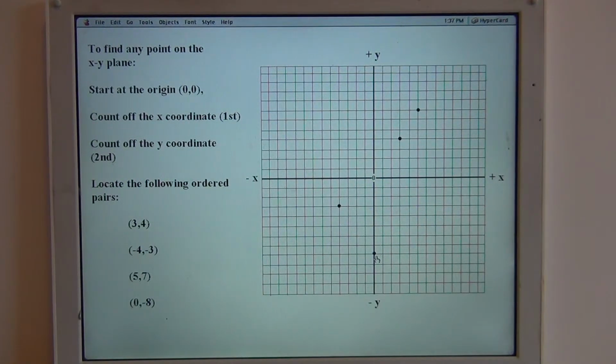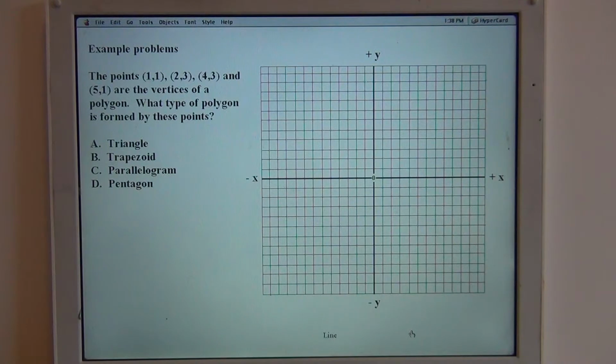So you can locate any point on this coordinate plane or in the world or the universe by using these coordinate pairs of numbers. Now I'm going to show you some typical problems that you will get on the high school exit exam. You're going to get a question like this.